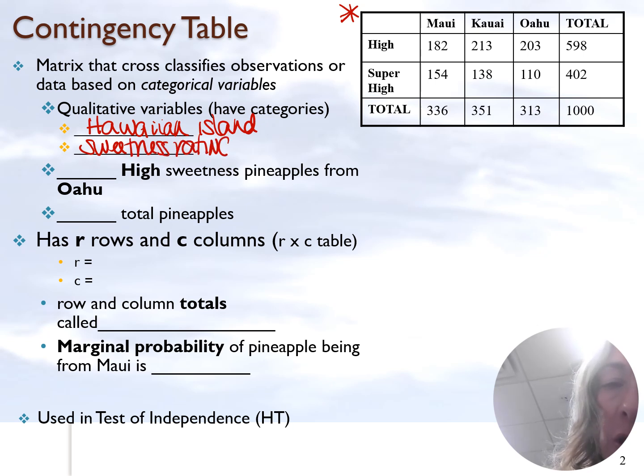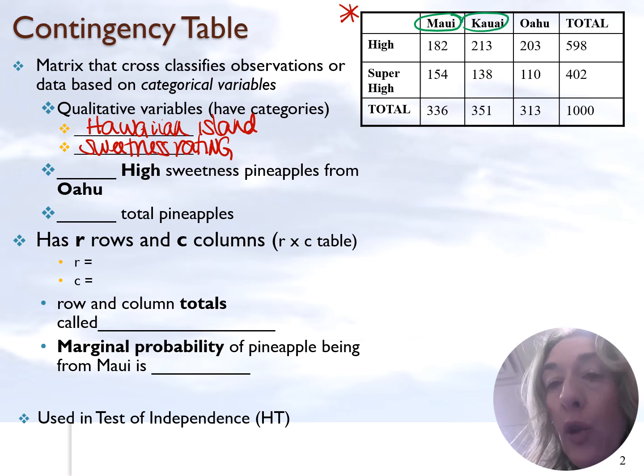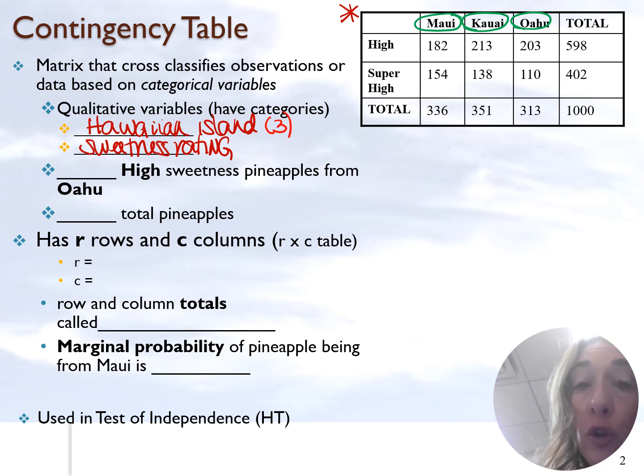Hawaiian Island has the three categories, at least with this data set, of Maui, Kauai, and Oahu. Those are the three different categories. Sweetness rating has two categories in this example, and those two categories are high sweetness rating and super high sweetness rating.